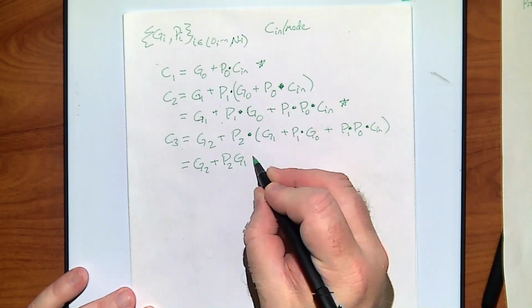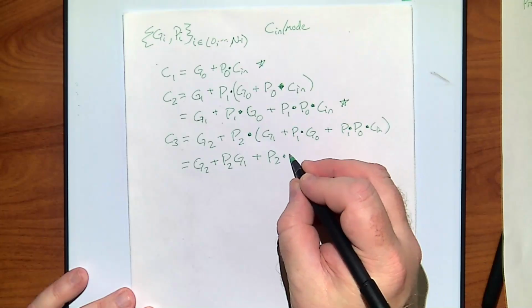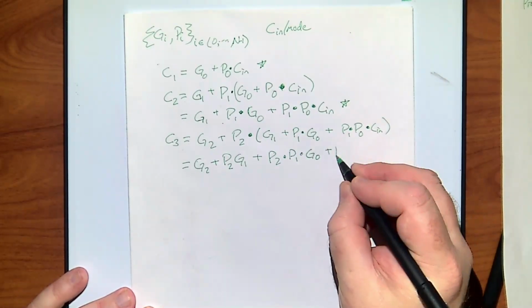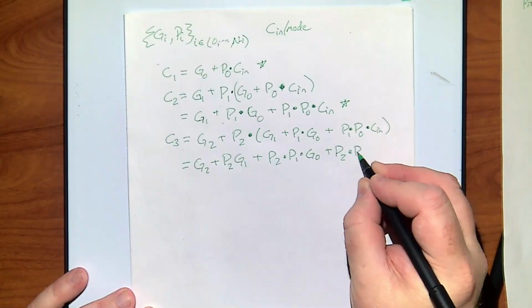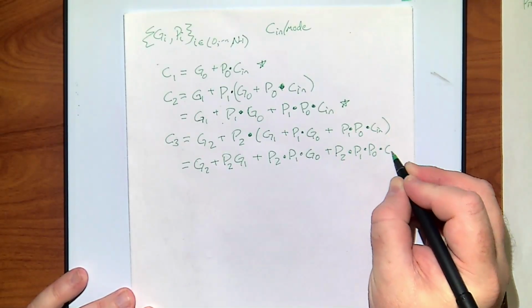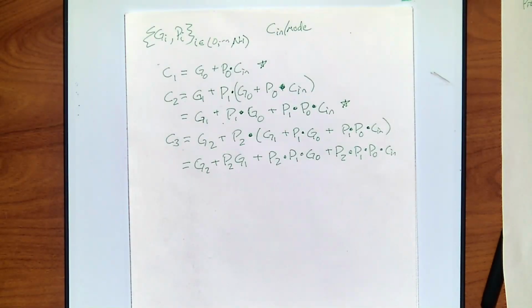G2, or P2, G1, or P2, P1, G0, or P2, P1, P0, Cn. And I'm back down to 2 levels of logic. Okay. Do we have a pattern?